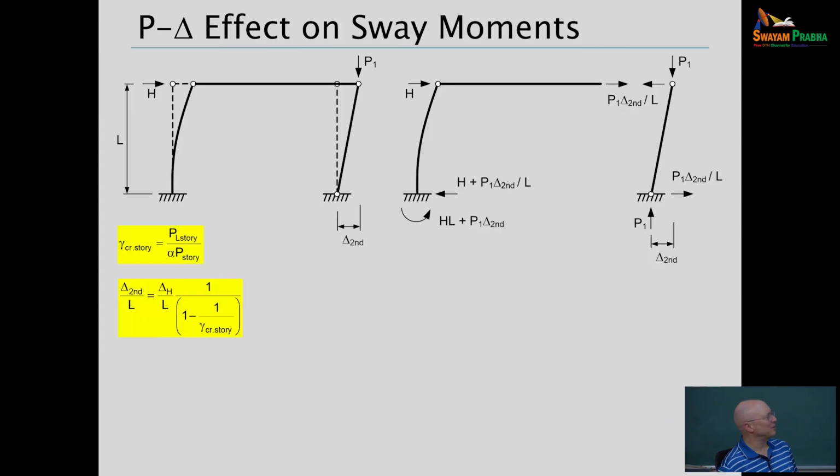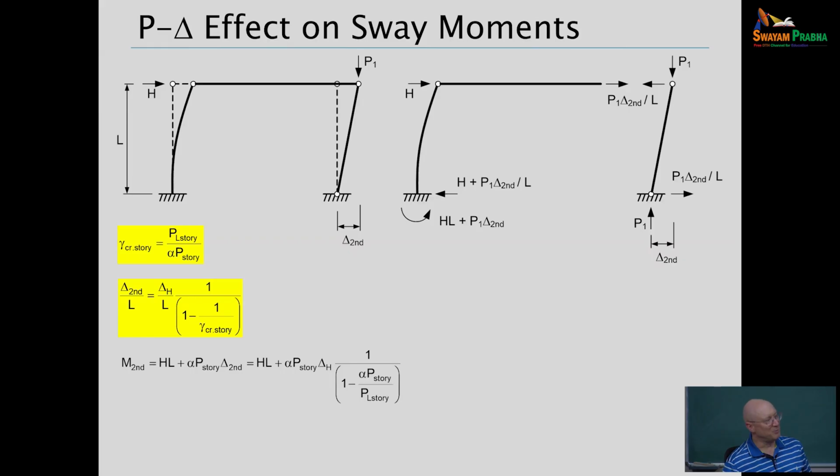All right, so now let's move to doing the moments. And so we just derived these equations that are still showing up, or I've brought forward to this slide. And now let's say, I want to know my sidesway moment. So that's the moment at the base of the cantilever here. HL plus alpha P story times delta second. Delta second we can write as the first order delta H times the amplifier.